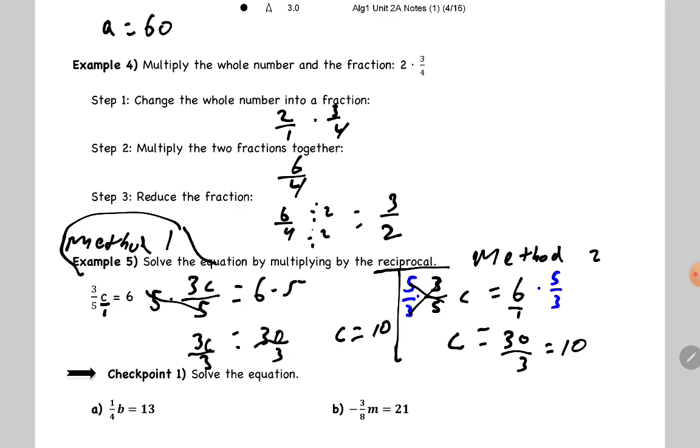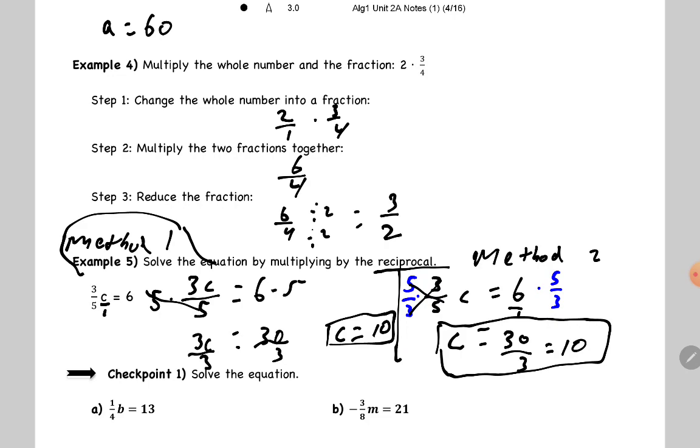But you do have to show all this work. You don't have to show both methods, but for method 1, I need to see you multiply both sides by 5, and then you need to divide both sides by 3, and then I get a boxed answer. Method 2, the work I need to see is the reciprocal being multiplied to both sides.